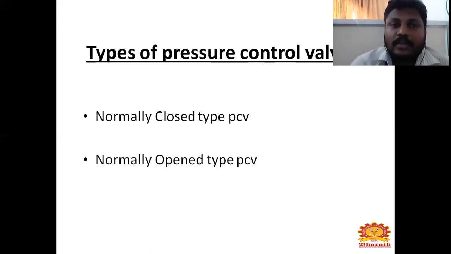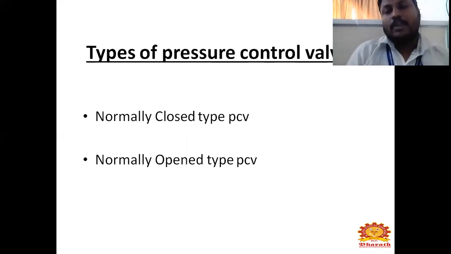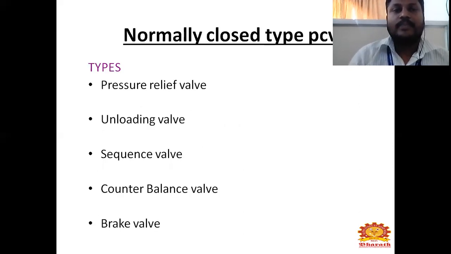Next one is types of pressure control valve. There are two types of pressure control valve, PCV: one is the normally closed type and the other is the normally opened type. One is the normally opened pressure control valve, and the next is the normally closed pressure control valve.